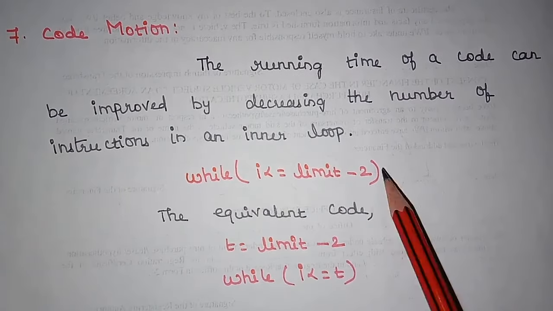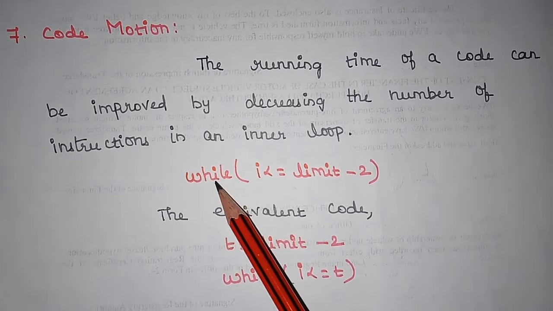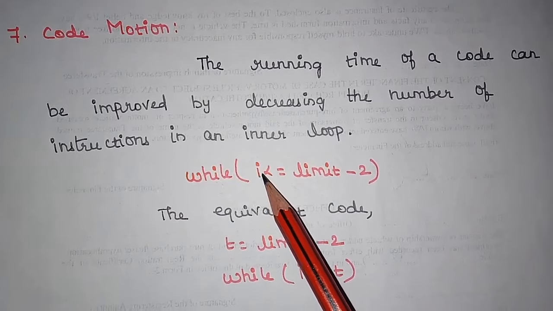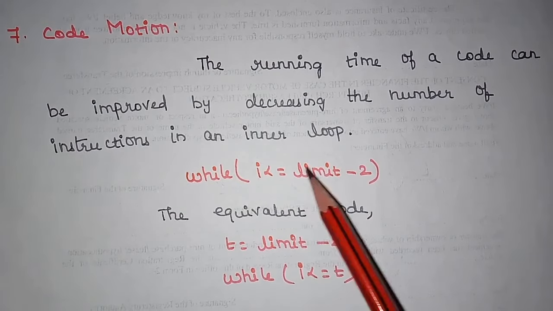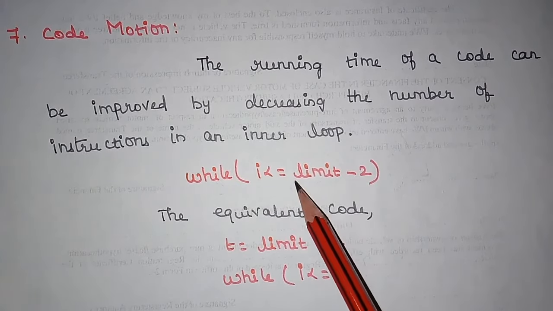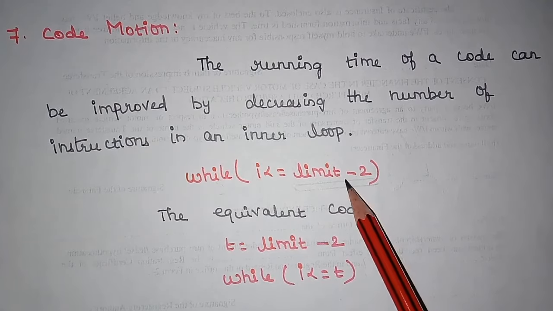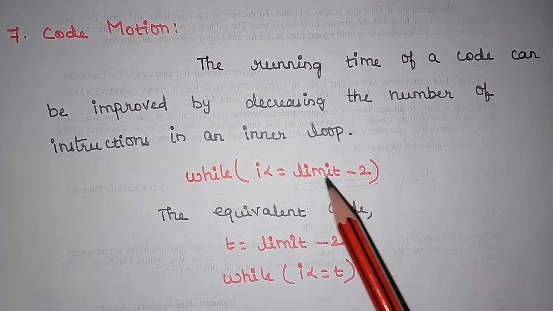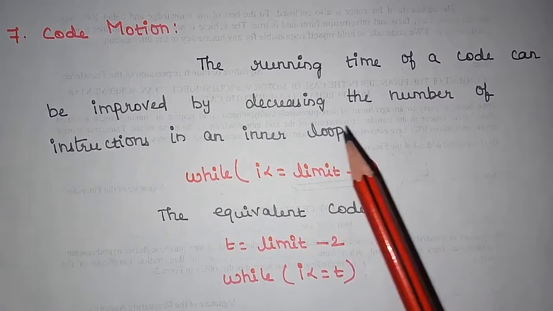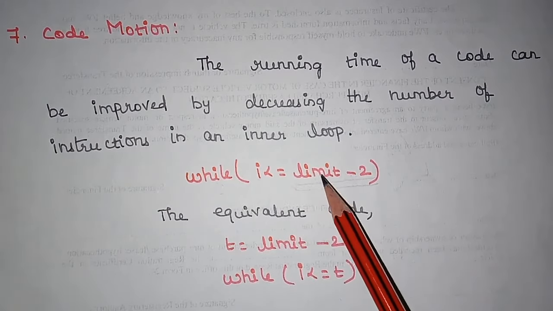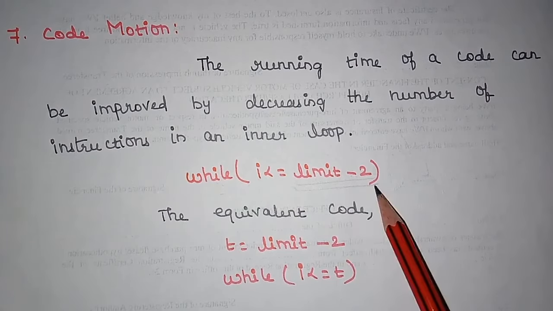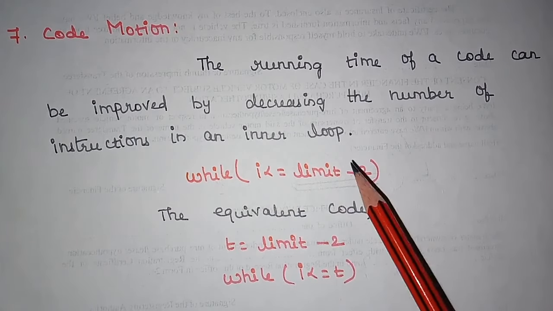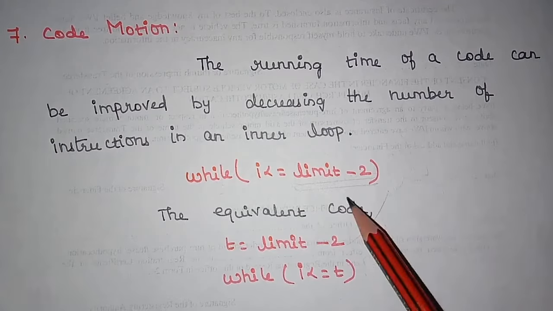Consider this example, a while loop, and inside this while loop we have the condition I less than or equal to limit minus 2. So here we have an expression, limit minus 2. Whenever this while loop is executing, the expression limit minus 2 is not going to change throughout the loop execution.